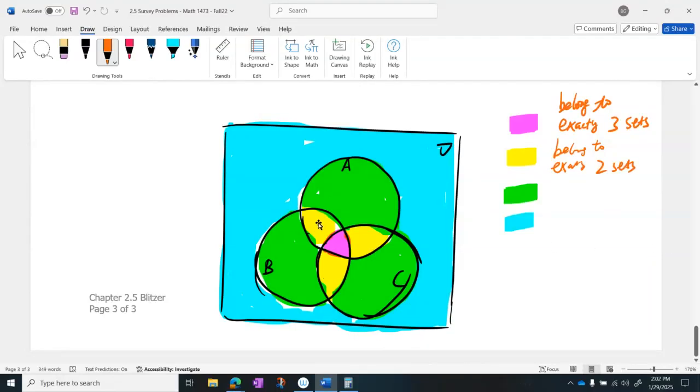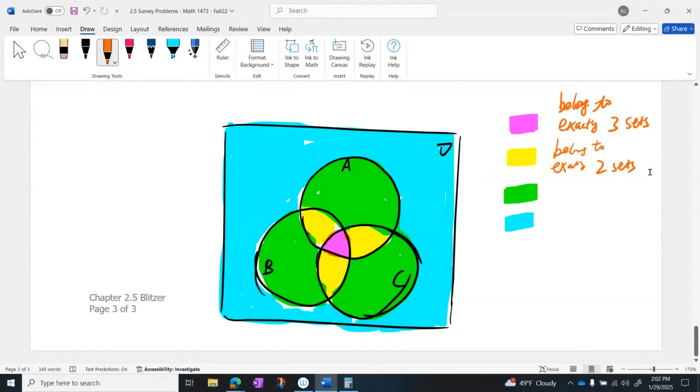The elements in this petal belong to A and B, but not C. This one's A and C, not B. This one's B and C, not A. Together, those 3 yellow regions include all the elements that belong to exactly 2 sets.